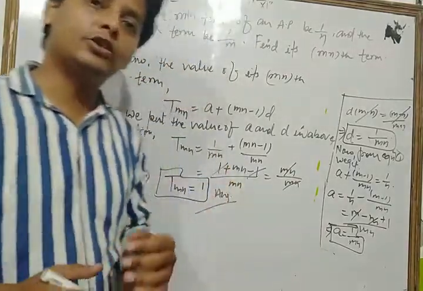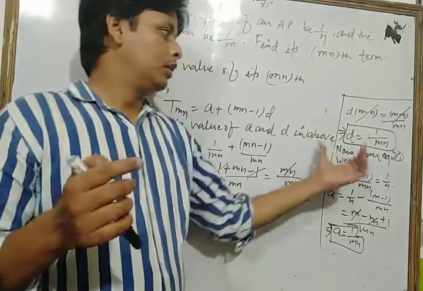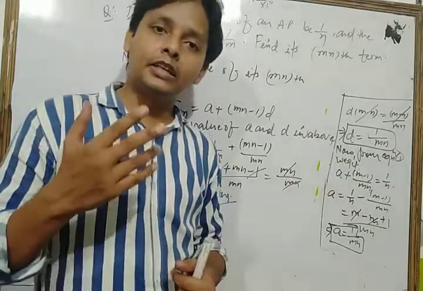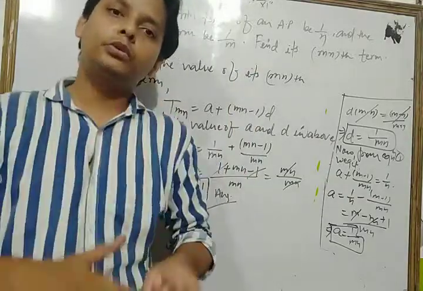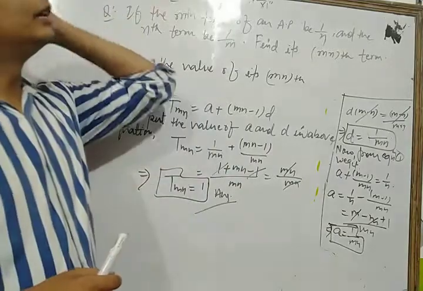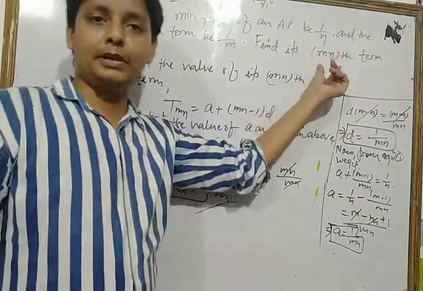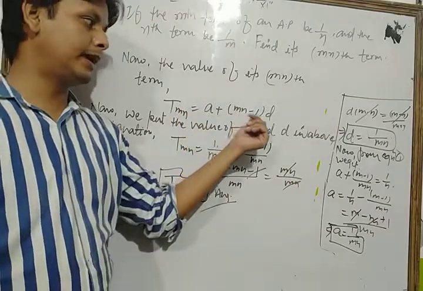Okay. So dear students, in this way, first we make two equations according to the statement. After that, we solve those equations to find the value of a and d. Now, according to the question, we find its mnth term, and you know that the mnth term is a plus (mn minus 1) into d.